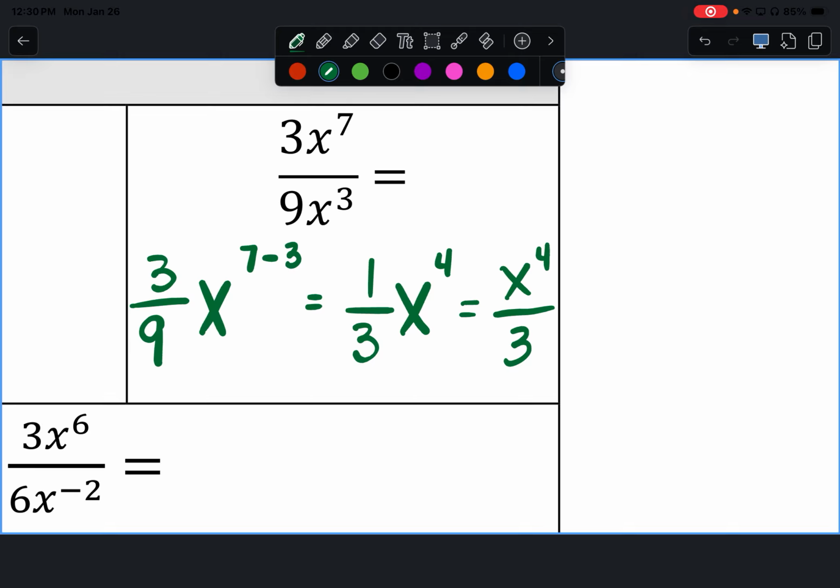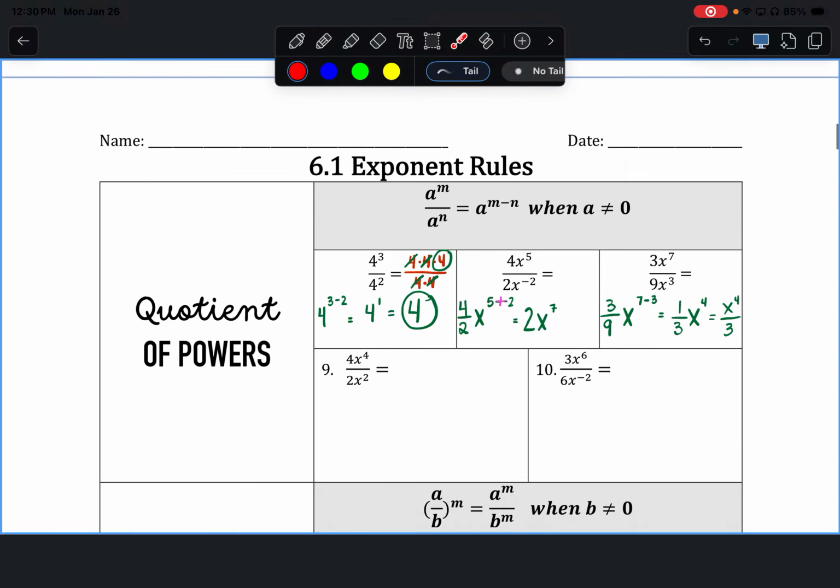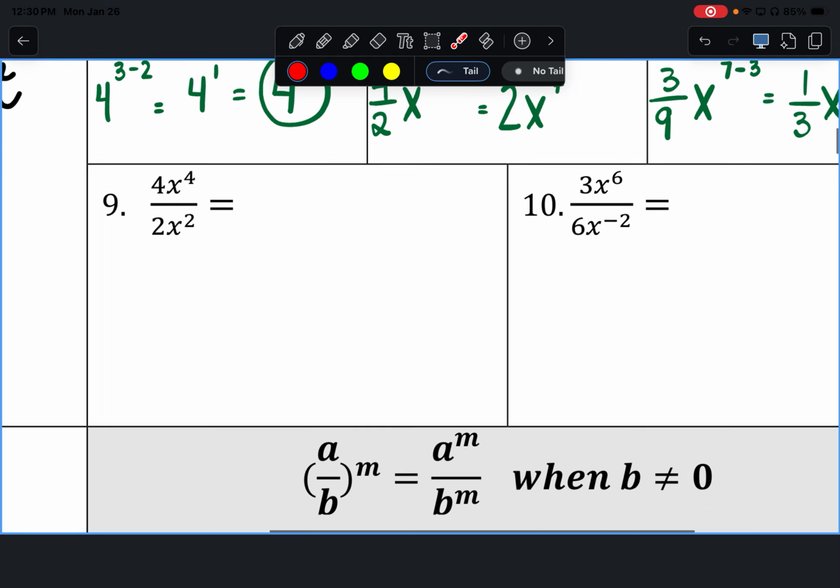Either way works. Okay? Because since this is a positive exponent, it goes in the numerator. Yeah, you take care of the constants together, and then you do the x's together, y's together, whatever. Okay? Now, I want you to go ahead and do 9 and 10 for me.